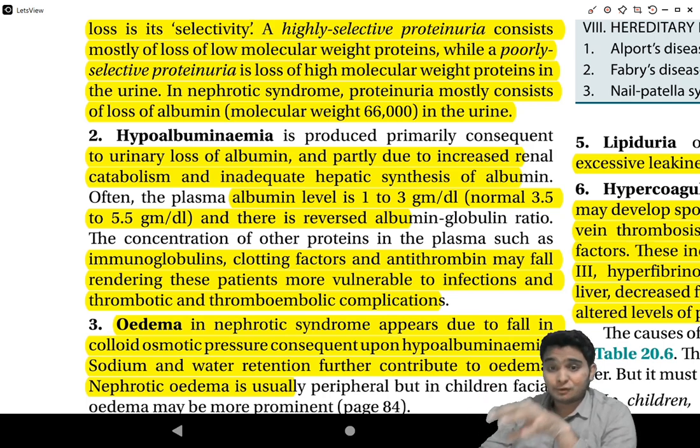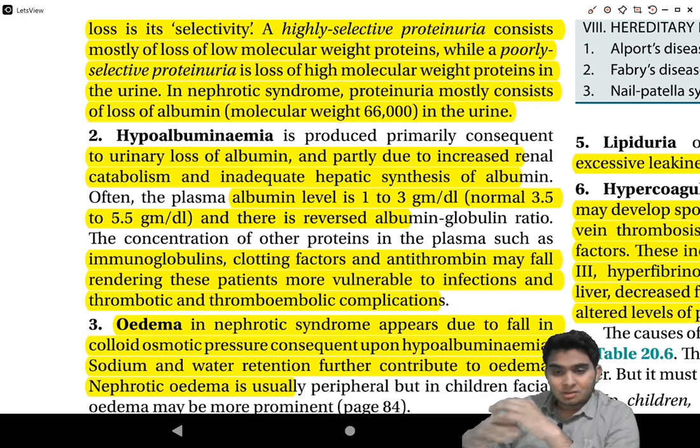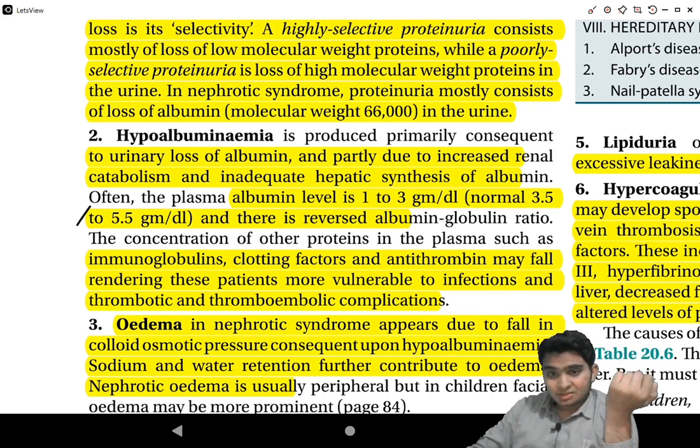The plasma albumin level will decrease to 1 to 3 gram per dl, while the normal is 3.5 to 5.5 gram per dl. The concentrations of other proteins in the plasma, such as immunoglobulins, clotting factors, and antithrombin, may also fall and lead to infections and thromboembolic complications.